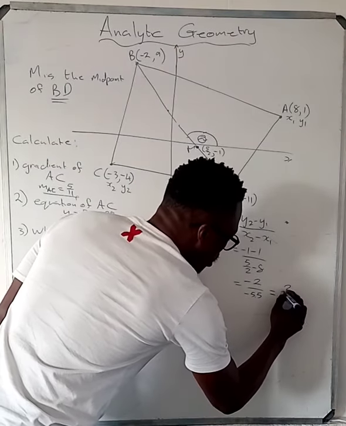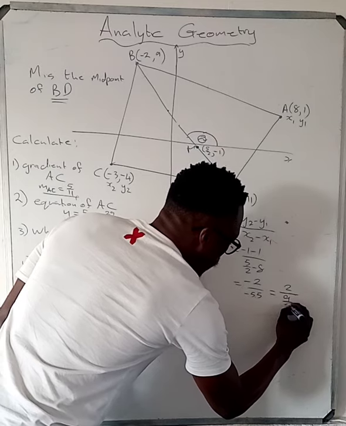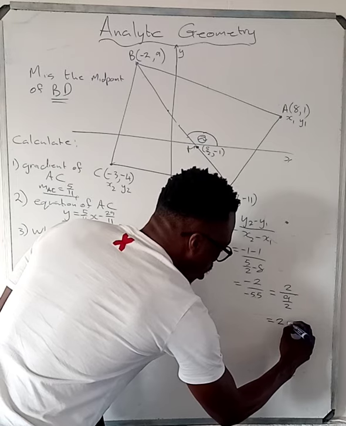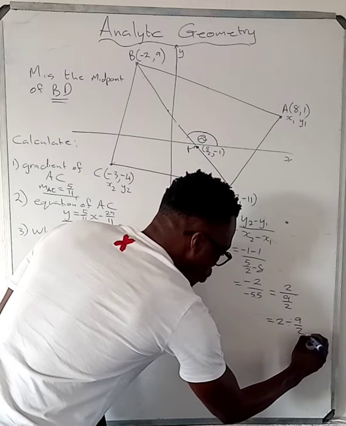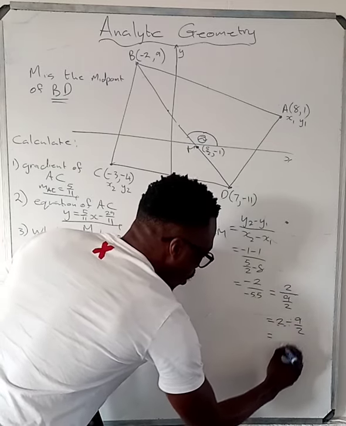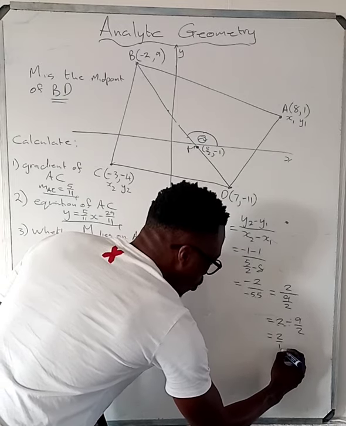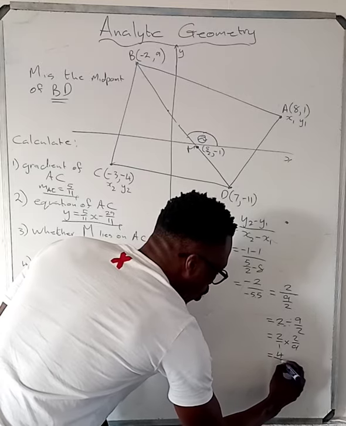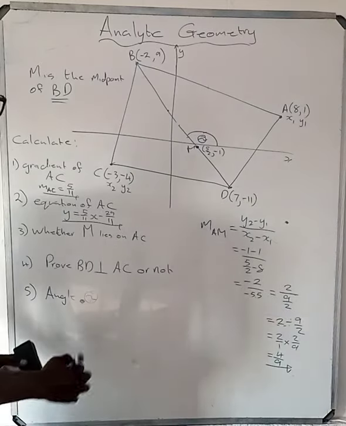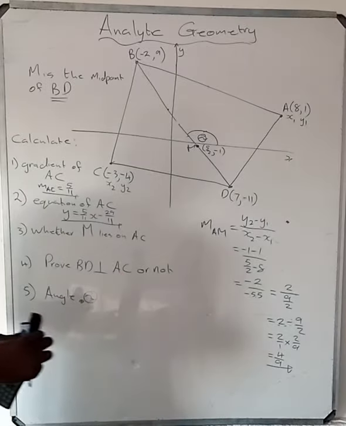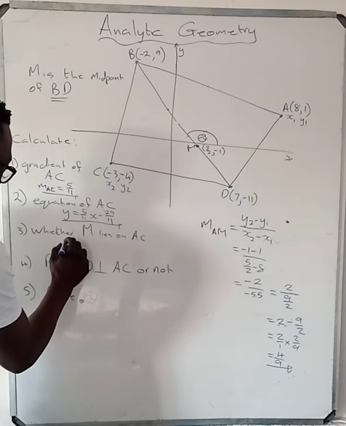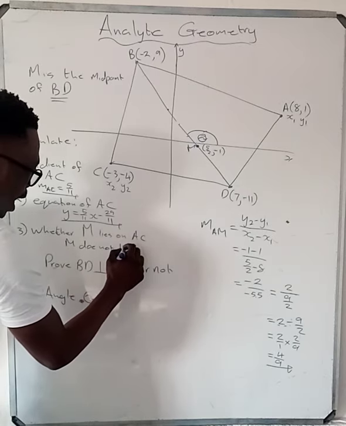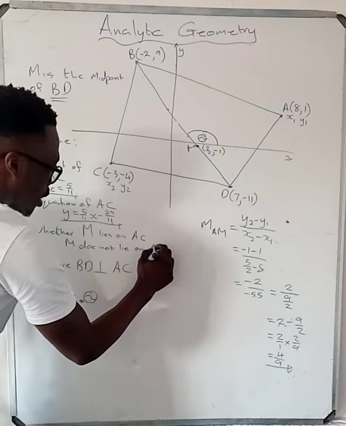So 2 divided by 9 over 2 means 2 over 1 times 2 over 9, which is 4 over 9. So we get 4 over 9, which is not equal to the gradient. So M does not lie on AC.